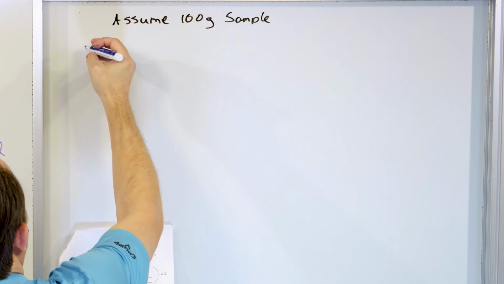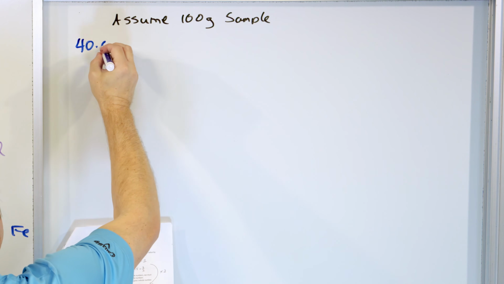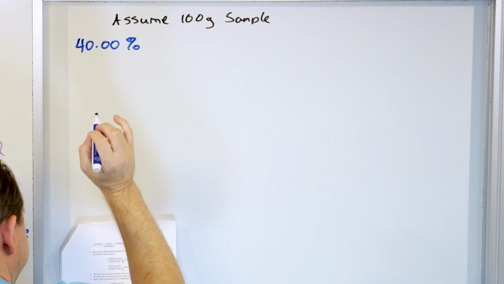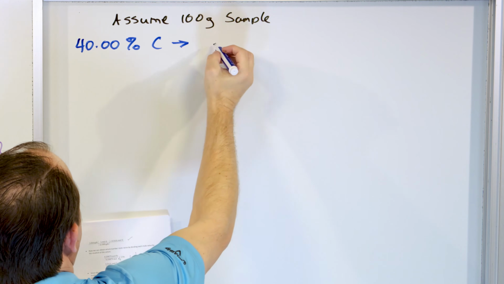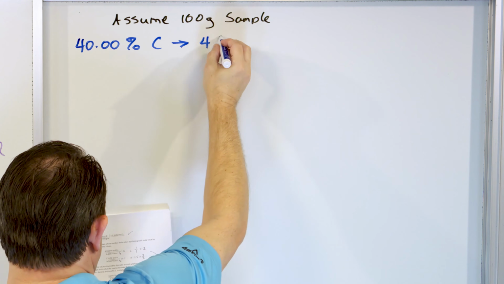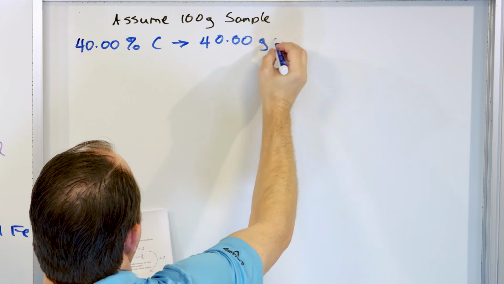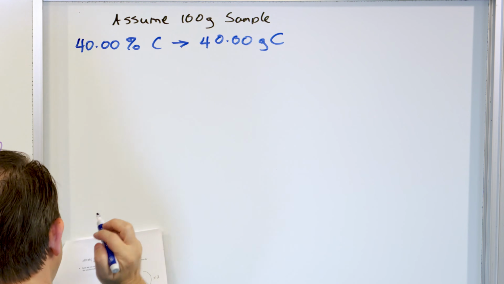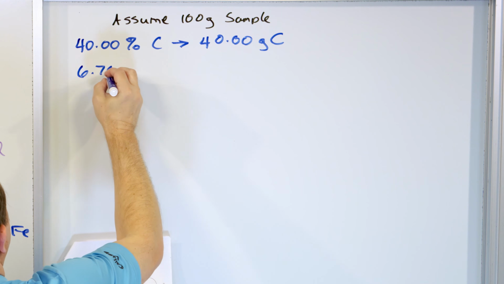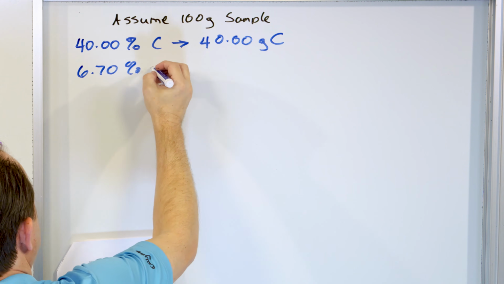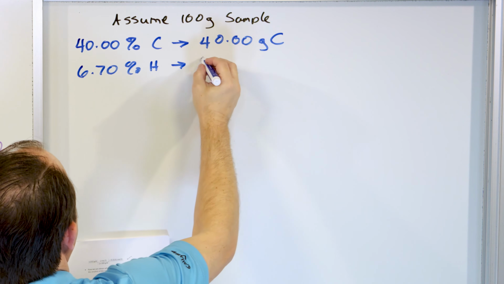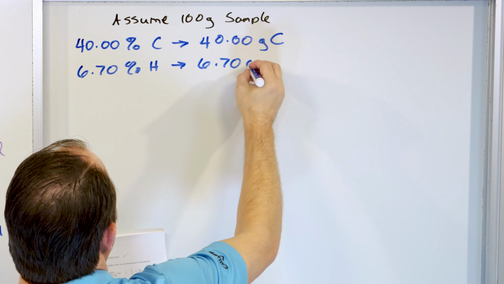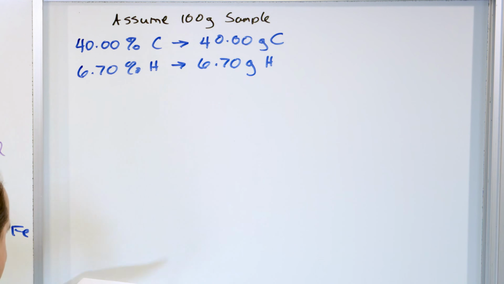And then we say that if we have 40.00% by mass of carbon, then in this sample, this is 40.00 grams of carbon. In this sample, that would mean 40 grams of carbon, right? And what it would also mean is 6.70% hydrogen by mass would mean 6.70 grams of hydrogen in that sample.